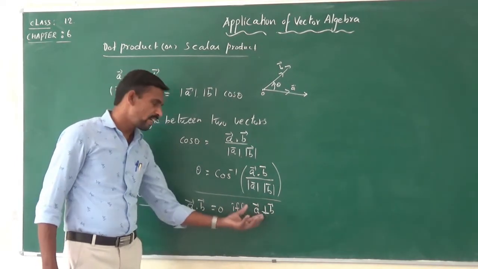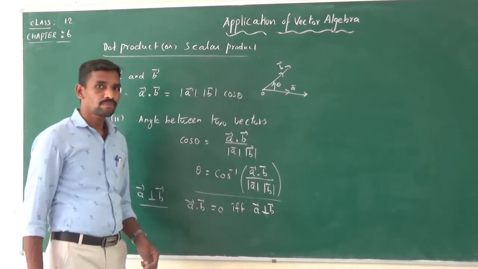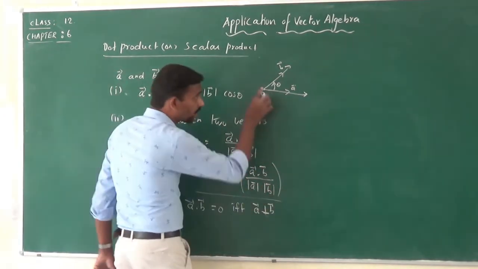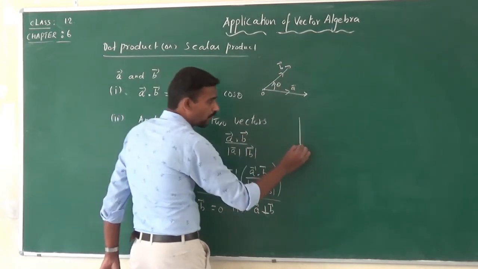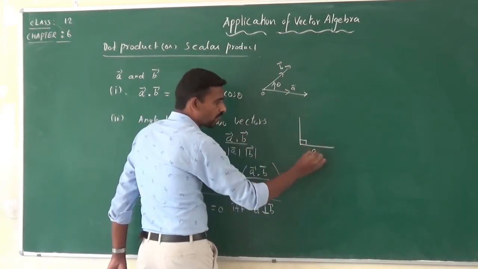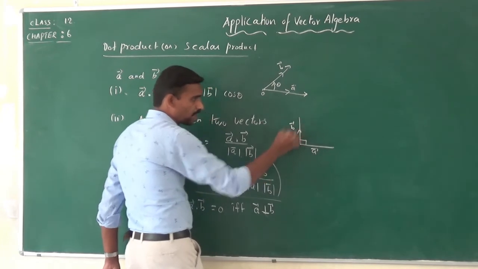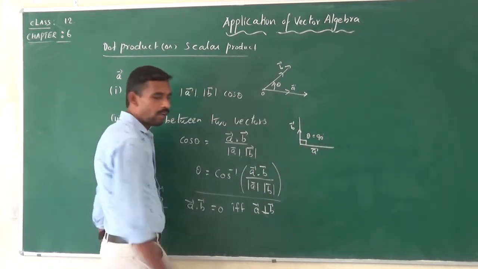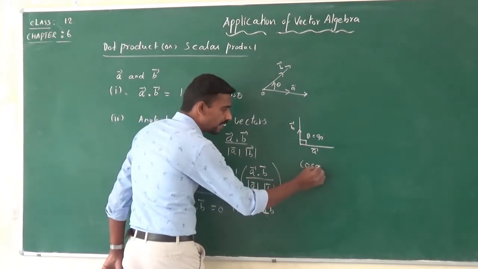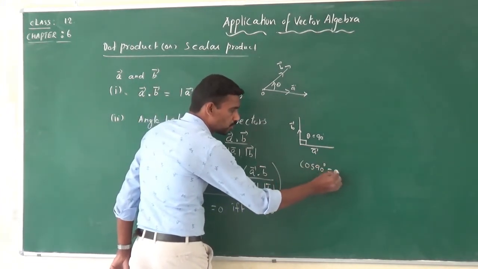Just think about why it is 0. Theta is the angle between A vector and B vector. If A vector and B vector are perpendicular, then theta will be 90 degrees. Cos 90 degrees is nothing but 0.